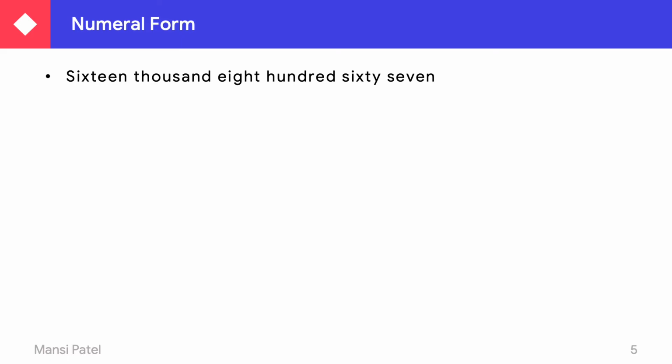So here you can see, our number name starts from 1000, and before the 1000 there is a 16. So we have to write down first 16. Then our group is changed, therefore we have to put one comma, then 867.